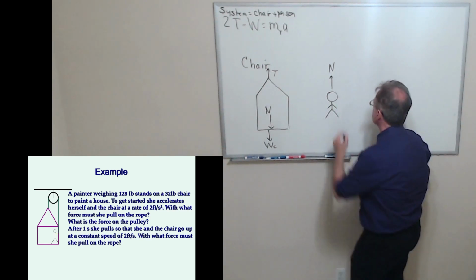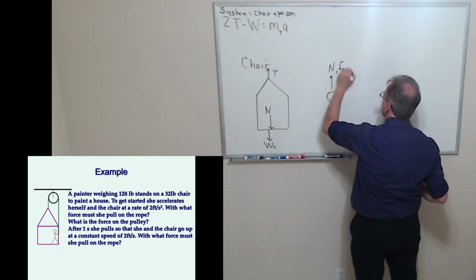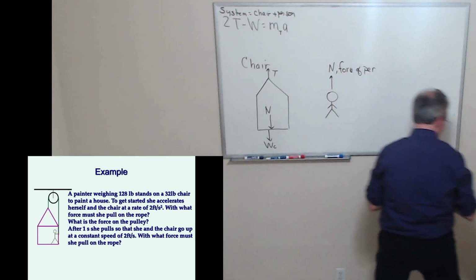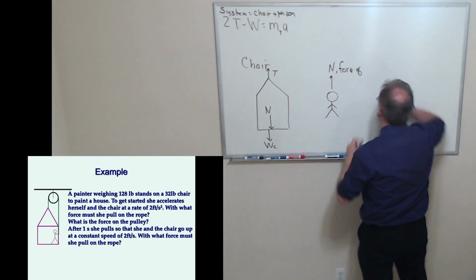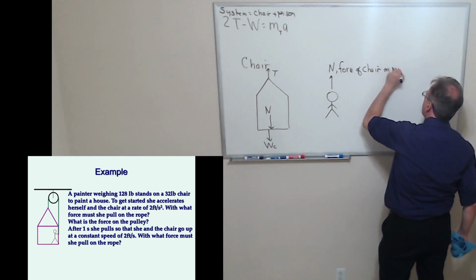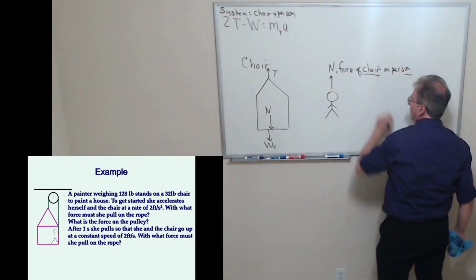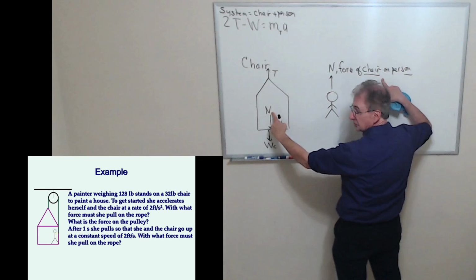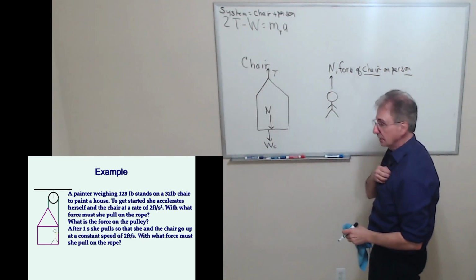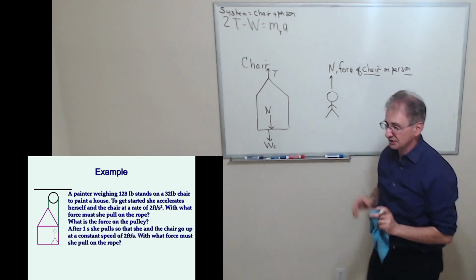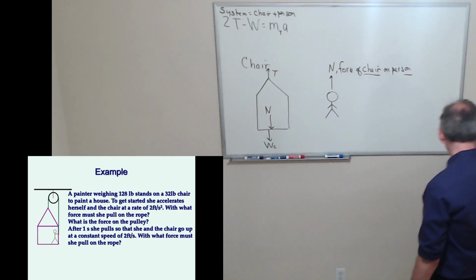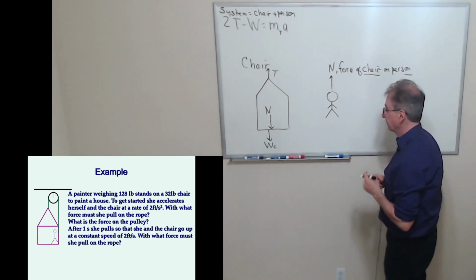So this is force of person, force of chair on person. This is the force of person on chair. They're action-reaction pairs. So this acts downward, this acts upward. They're the same magnitude, they're just in opposite directions. So I'm labeling them the same.